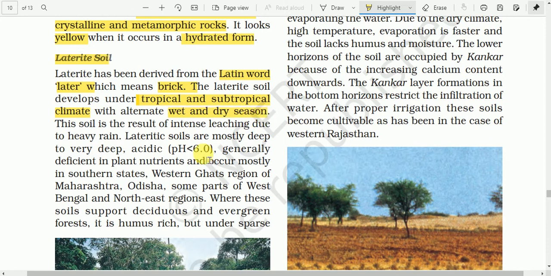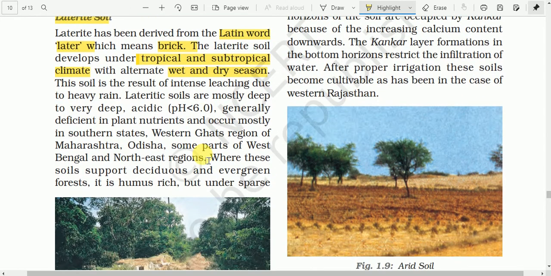So the area receives heavy rainfall, and after that it is followed by the dry season. And the soil is the result of intense leaching. That means laterite soils are formed due to the leaching process. So what do you mean by leaching?